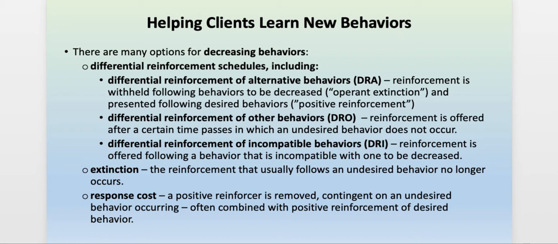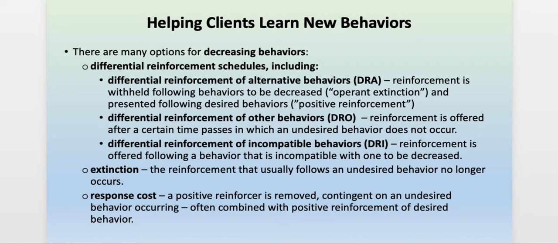That's when behaviors are decreased, and then reinforcement is presented following desired behaviors. That's the positive reinforcement. So you're both decreasing behaviors and increasing behaviors through differential reinforcement of alternative behaviors.